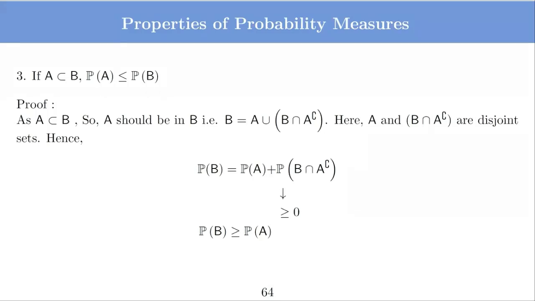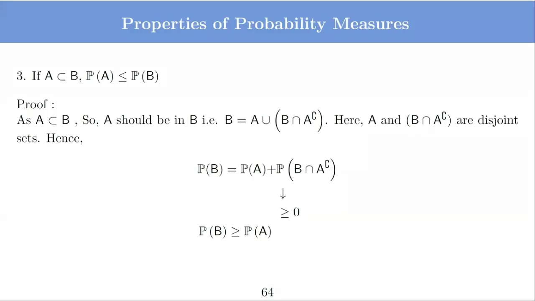So if you take these two sets, A and B intersection A complement, they are disjoint, right? Because the first set has elements in A, and the second set has elements which are not in A. So there cannot be any element common. They are disjoint. And also, if you take A and then you take B while removing elements from A, then if you take the union, you will get the complete set B. Okay.